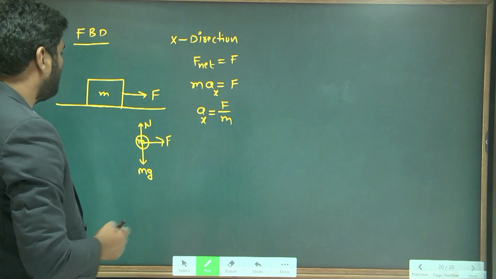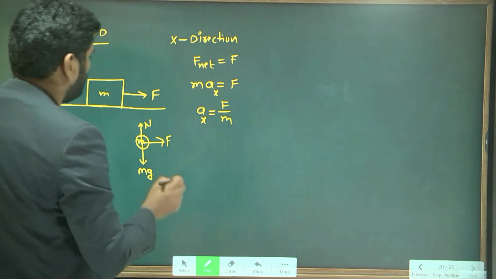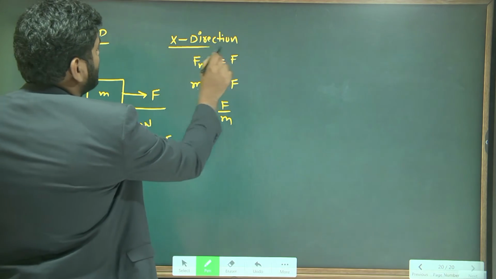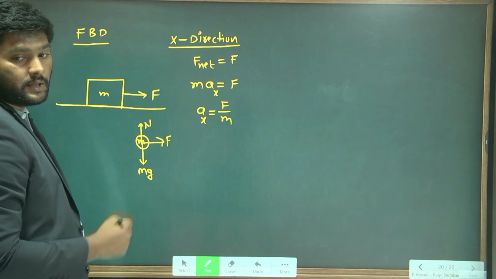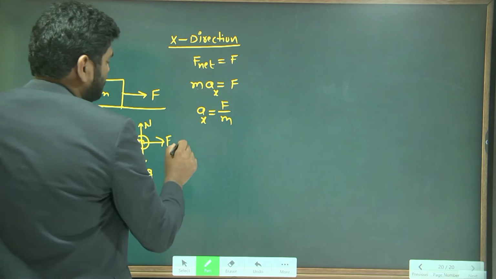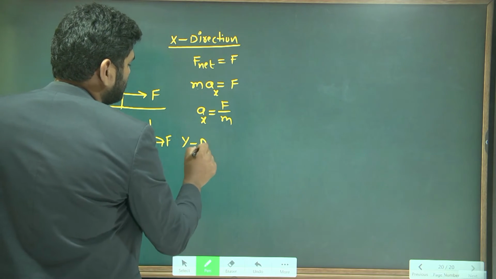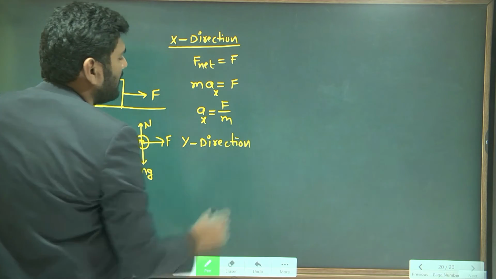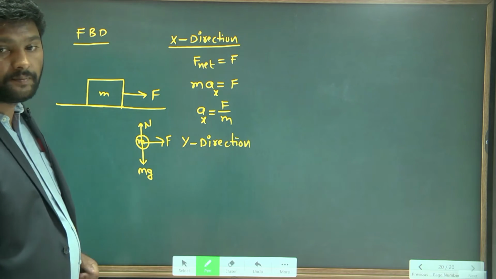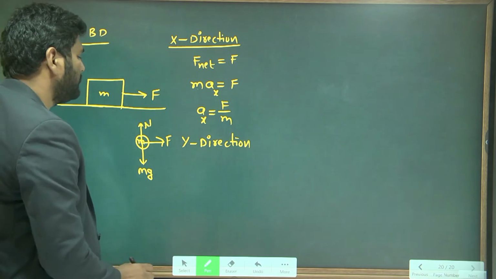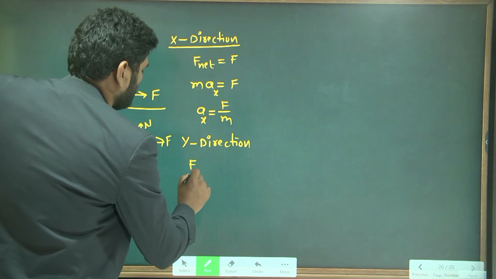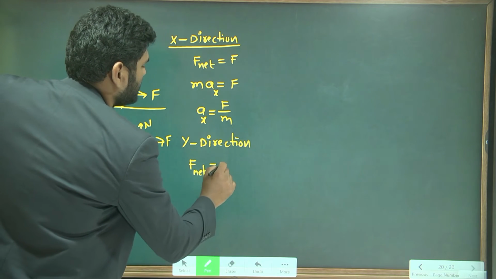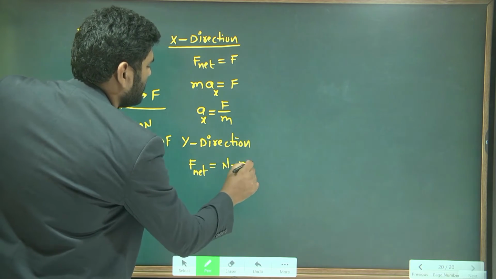In a similar way, along the y direction, what are the two forces? F net along the y direction is N minus mg.